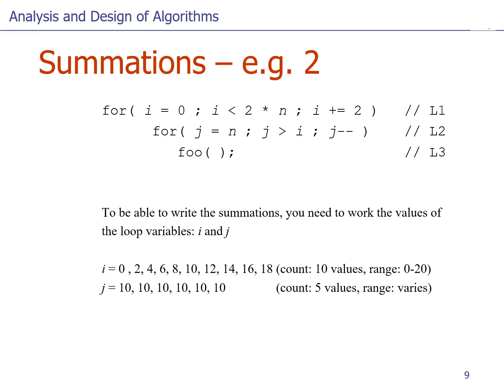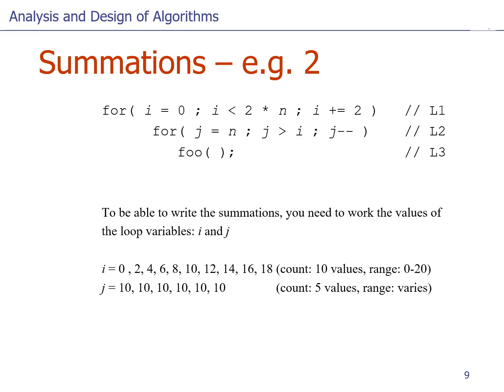Because I is growing very quickly by adding 2 to it, quickly we will reach the condition where j is not greater than I, I will become greater than j, which means I will become greater than 10, because j always starts from 10 if n is equal to 10. Consequently, the number of times j will be assigned the value 10, or the number of times this loop will execute, is going to be 5.